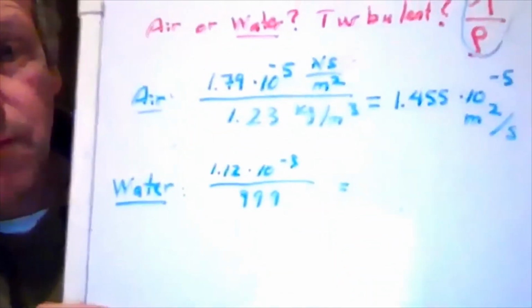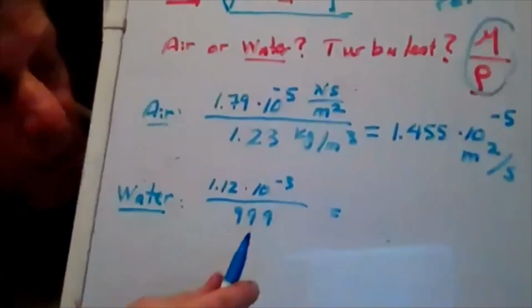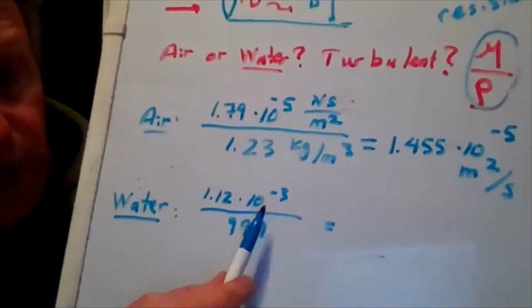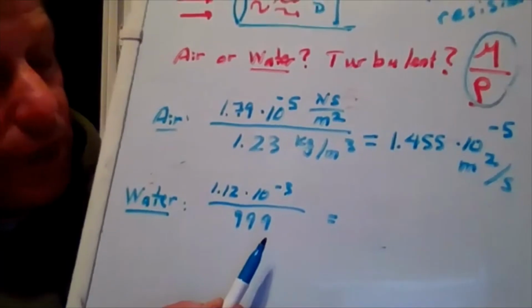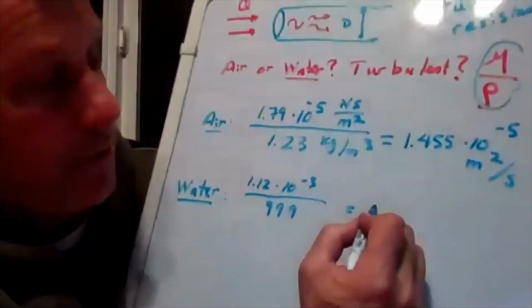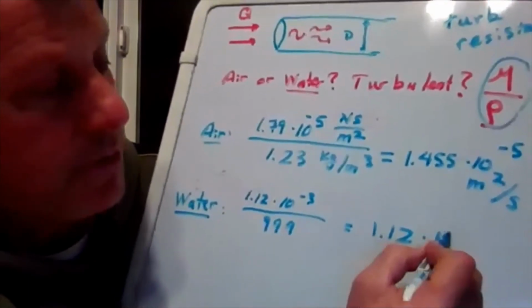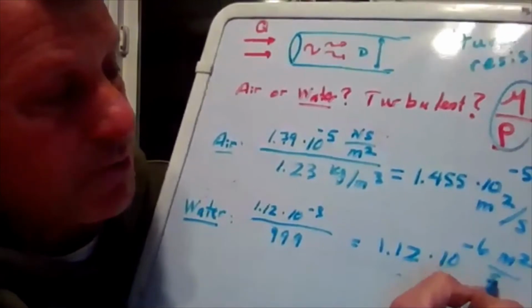Given what I have here, water's resistance to shear and maybe to turbulence looks pretty good. That's the viscosity. But on the other hand, it's so dense that for a certain flow, we have a lot of particles in there. If you crank through it, you get, we can just round it off to, 1.1 times 10 to the negative 6 meters squared per second.